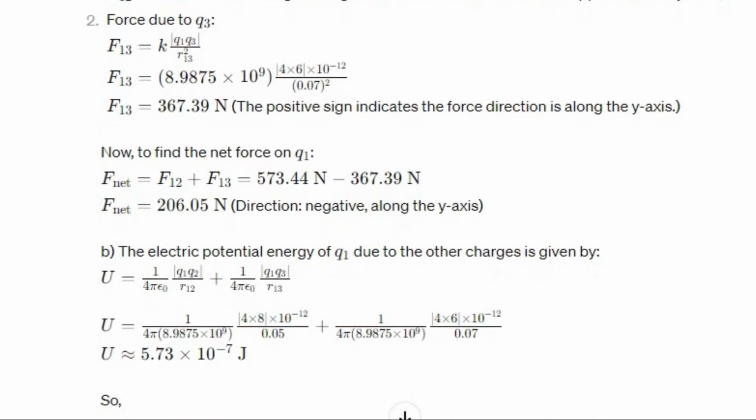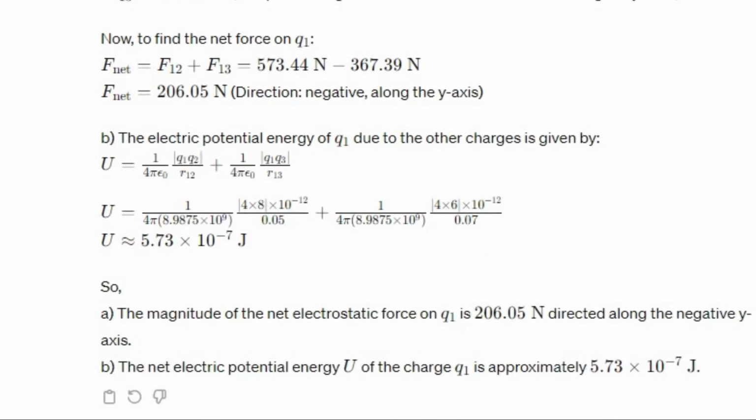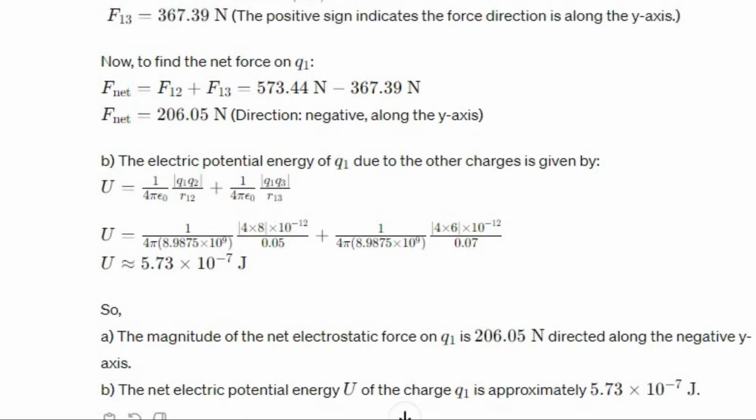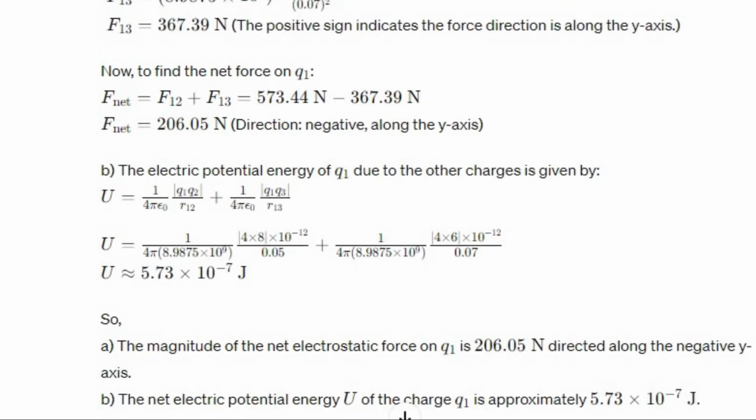B. The electric potential energy of Q1. The electric potential energy of Q1 due to the other charges is given by U equals 1 over 4 pi epsilon Q1 Q2 over R12 plus 1 over 4 pi epsilon Q1 Q3 over R13, and going on till you see U equals 5.773 multiplied by 10 raised to power minus 7 joule.